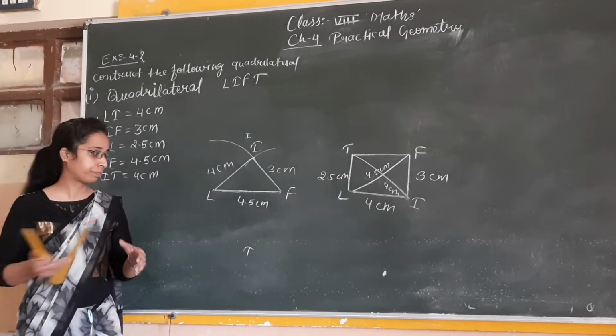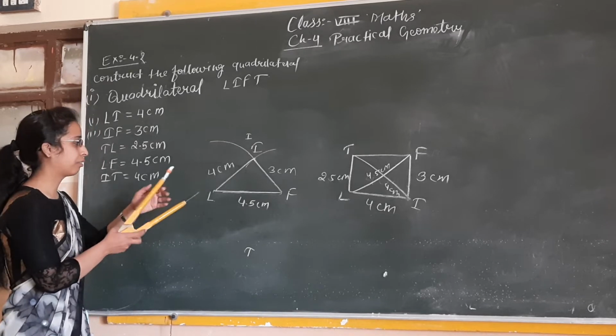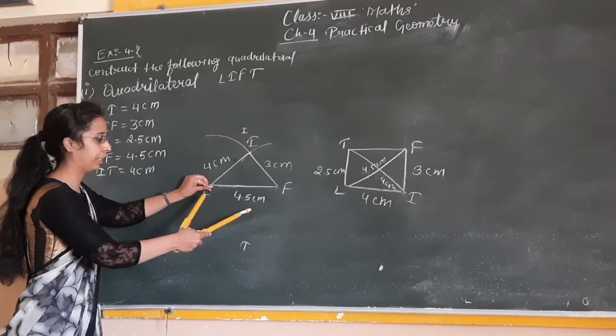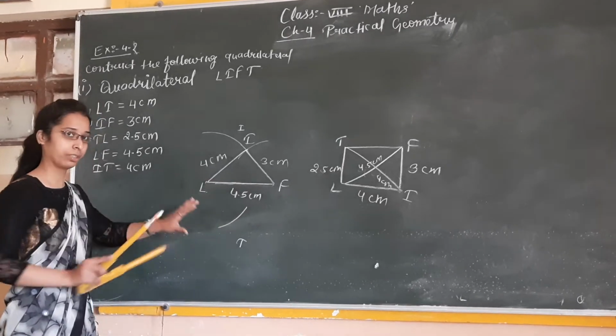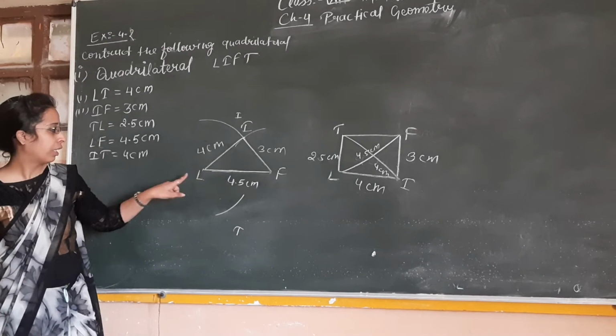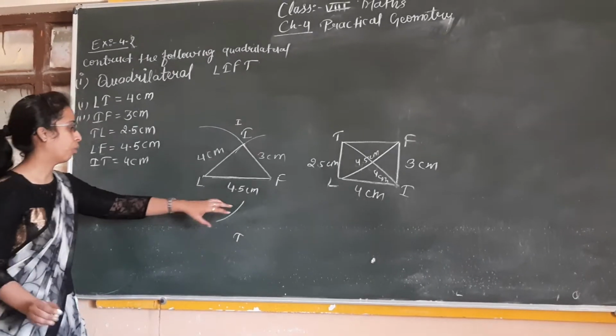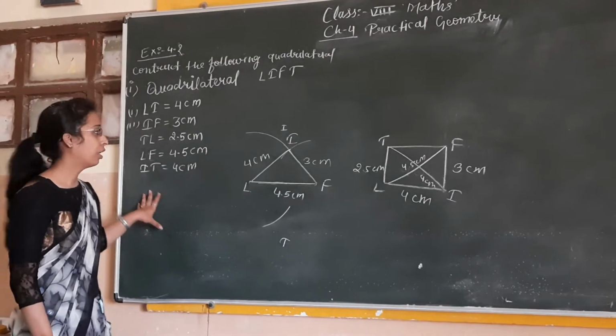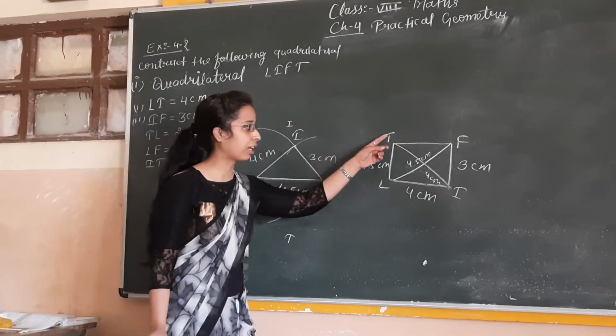So taking L as center, we cut an arc of 2.5 centimeter. This one is LT. Now, TF is not given in this question. The remaining one we can see in the rough diagram.